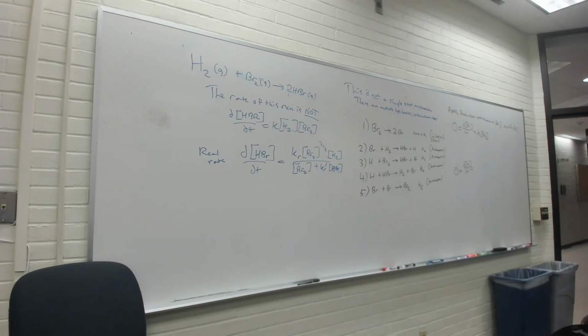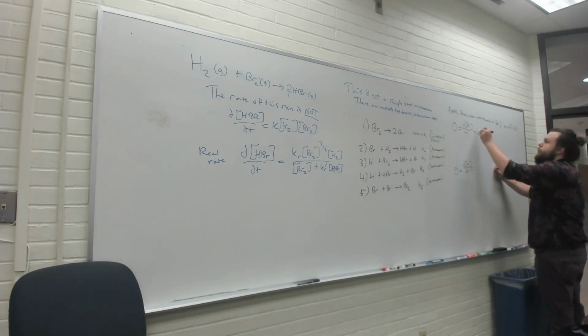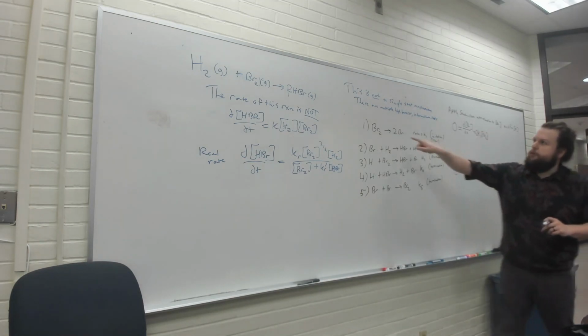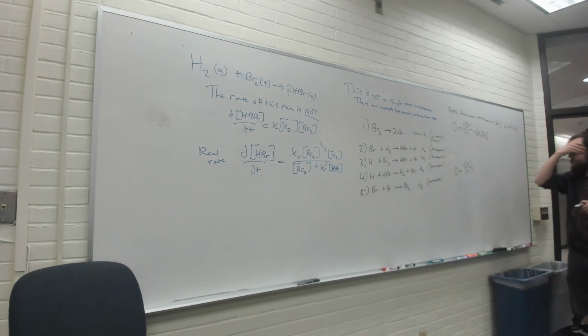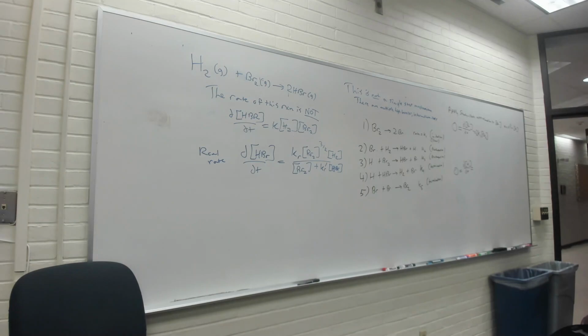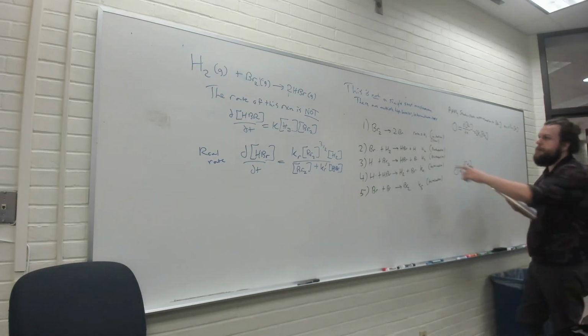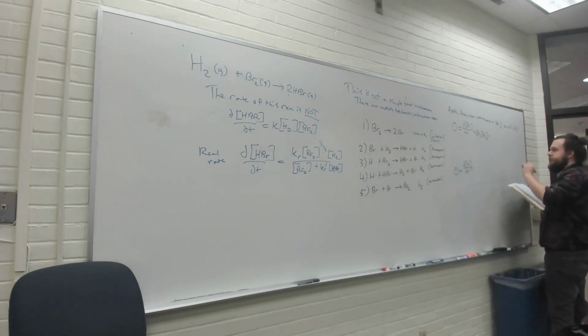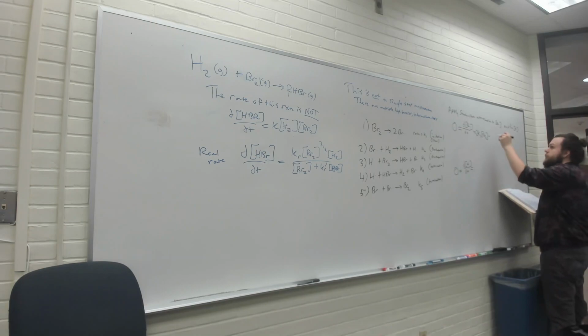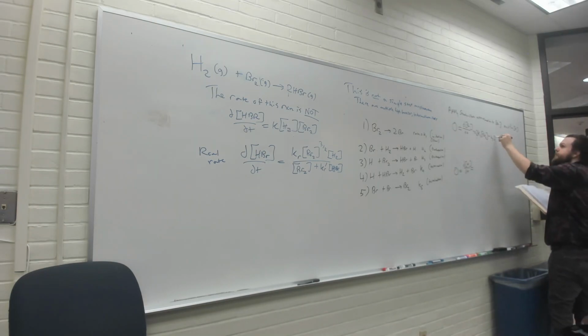We have to multiply this by 2 because you create 2 mole equivalents for 1, so you have to double it just to keep the stoichiometric ratio correct. It gets destroyed by step 2. That's going to be k2 times the concentration of bromine atom times H2.